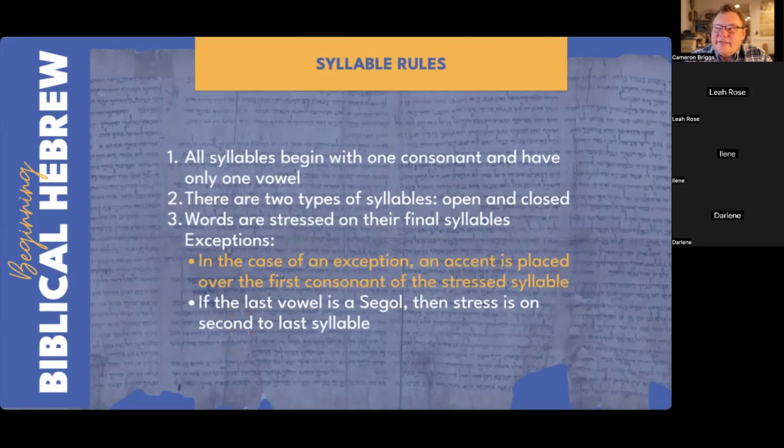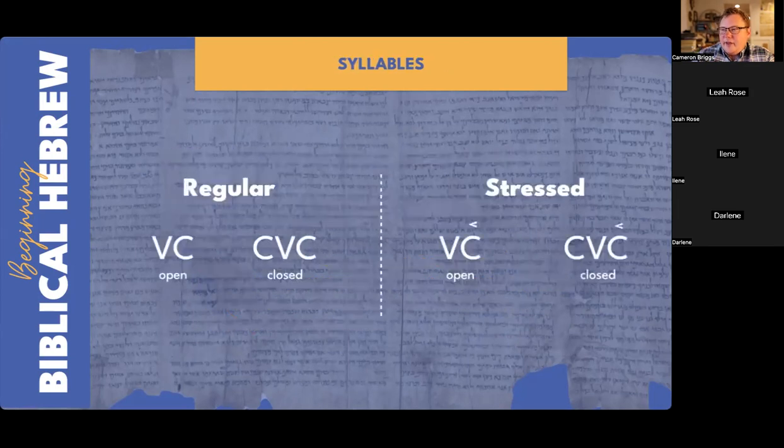So in the case of an exception, an accent is placed over the first consonant of the stressed syllable. So here's an example of regular open and closed and how we would mark them correctly as a stressed open and closed.